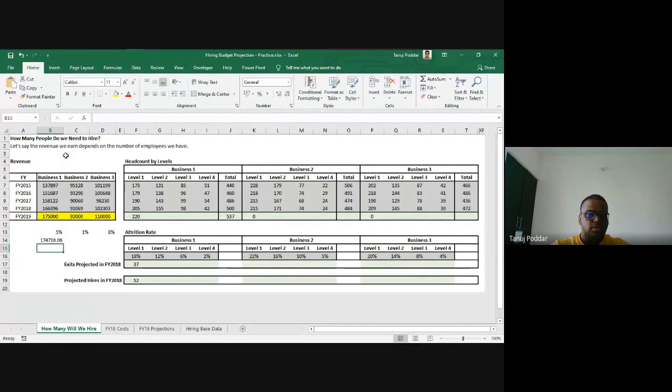I could take that kind of approach to create numbers. Right now, I've just taken some very simple numbers corresponding to FY18, so it becomes a direct input column. Otherwise, you could also calculate these numbers using a percentage increase in the revenue.